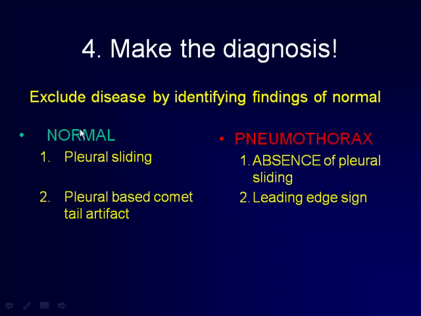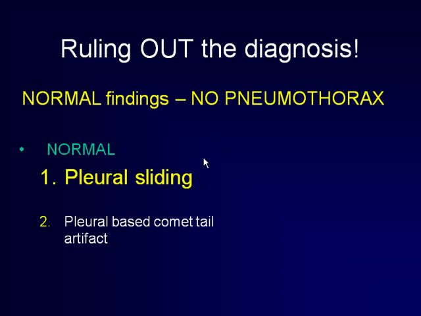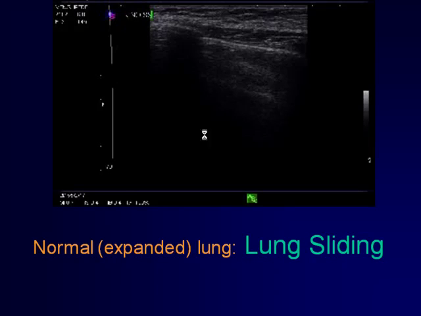So two things can be used to rule in normal lung sliding under the probe, and two things can suggest that there is a pneumothorax right under the probe. To start out, we're going to rule out the diagnosis, rule in normal, and identify pleural sliding. Secondly, we also might be able to identify pleural-based comet tail artifact.